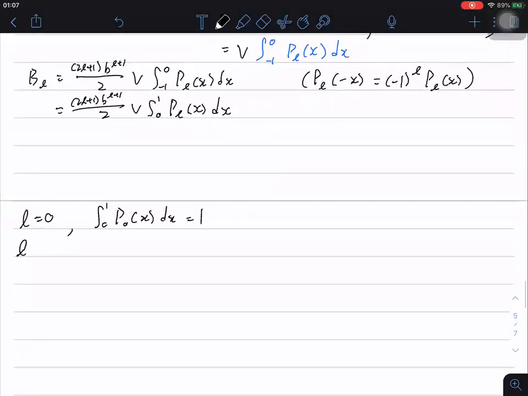But for L greater than 0, there is a property of the Legendre polynomials: P of L is related to P of L plus 1 and P of L minus 1 by this.